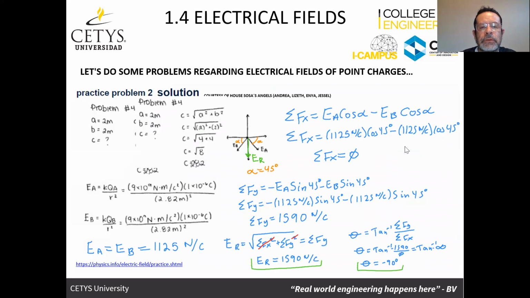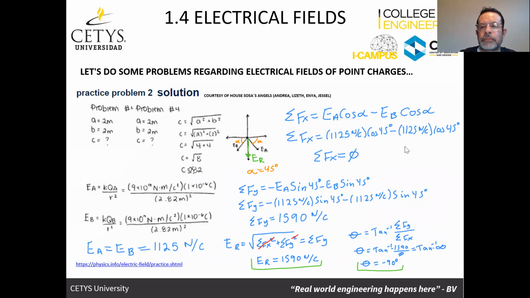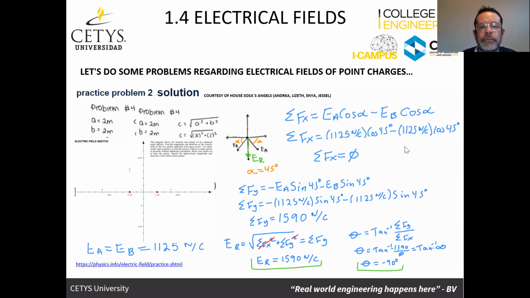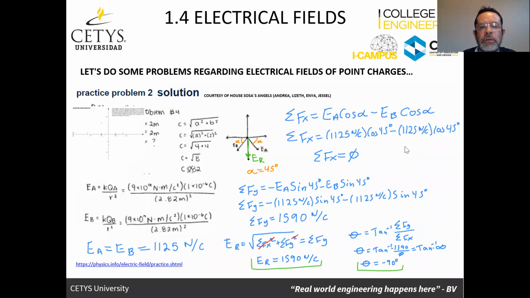Okay, let me just do something here. Just want to copy the problem so we also have it here. It's going to be a little bit small, but that'll do.